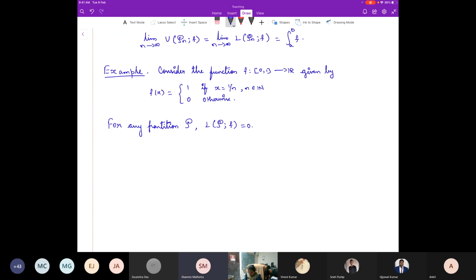Will that help you? If we keep on refining, we get more and more points of the form 1/n, but only a finite number of them.